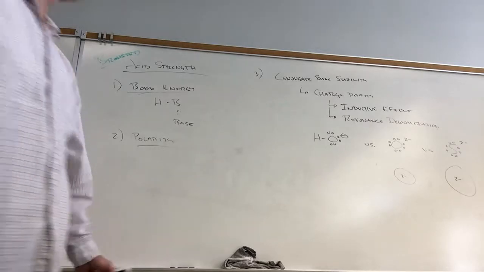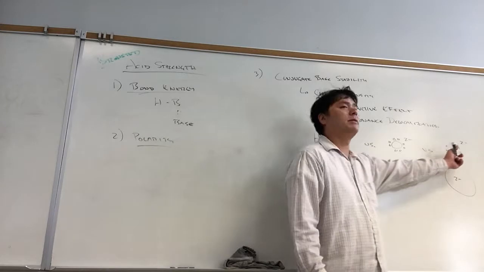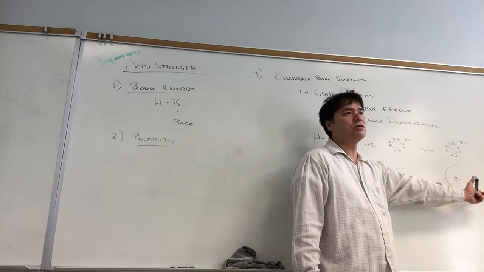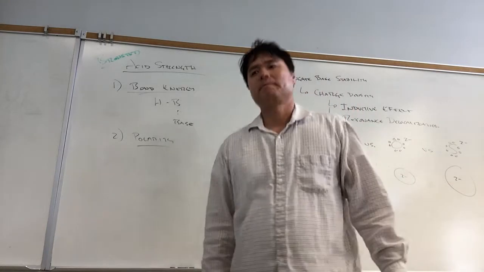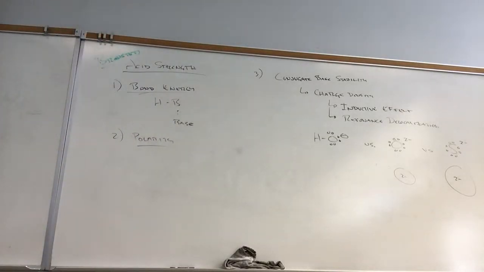On the one hand, hydroxide should be a better base because oxygen's smaller. On the other hand, sulfide should be a better base because it's got twice the negative charge. So which one of these do you think wins? Is it sulfide or is it hydroxide?